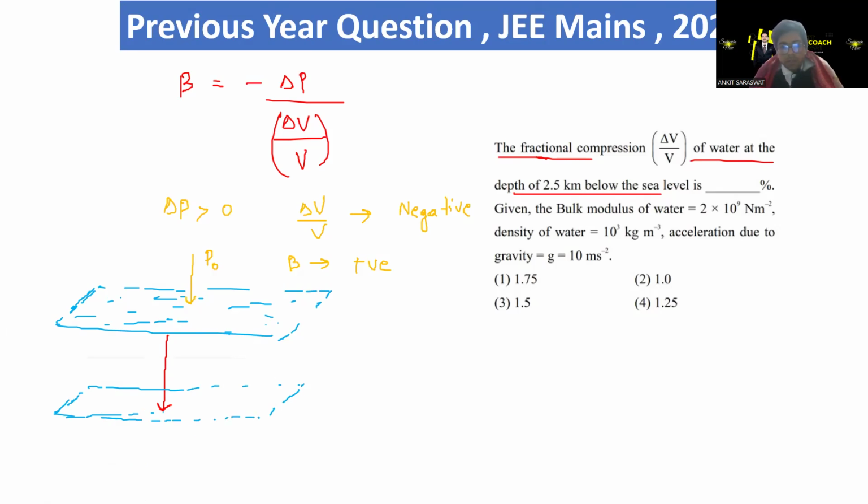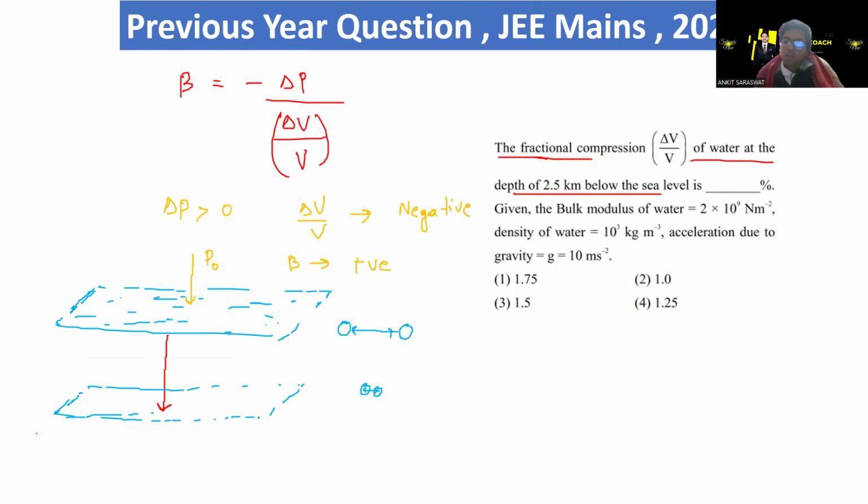This layer, I am considering the same shape, clear? But what is happening actually? Volume is going to change. Earlier, the distance between the molecules was high, but when you go deep down, the distance between the molecules decreases. Clear? That's why when you are going deep down, there is a change in the volume.